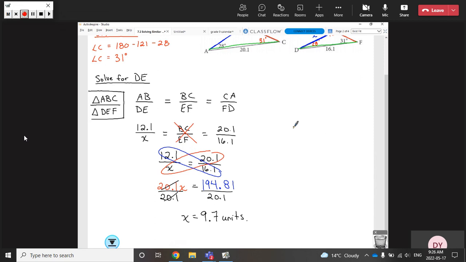So we can go over here and say, okay, therefore, DE is 9.7 units. What do you think? It's not bad, right? Okay?